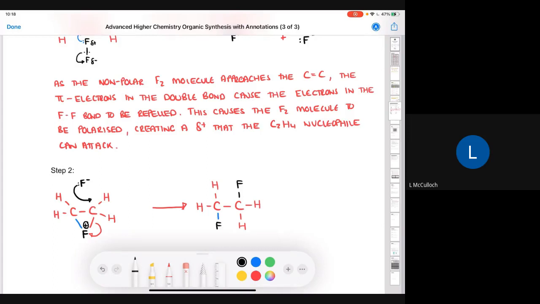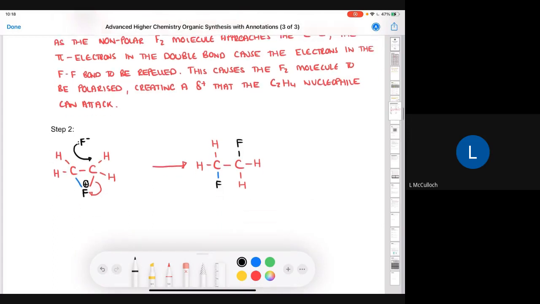Like so. And that's going to be our product there. So we'll say the F minus ion can then attack the back of the cyclic intermediate.